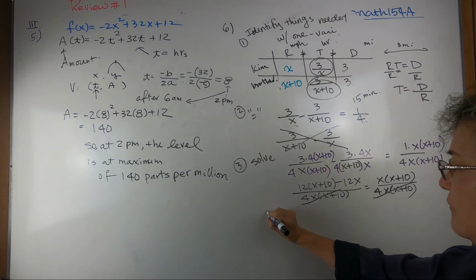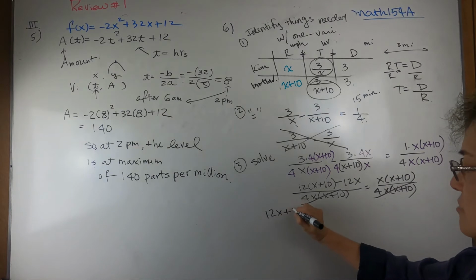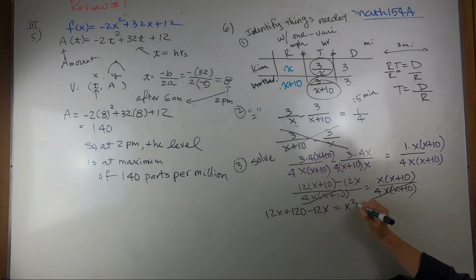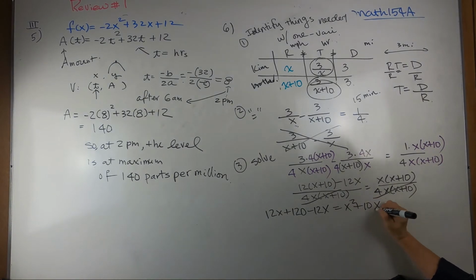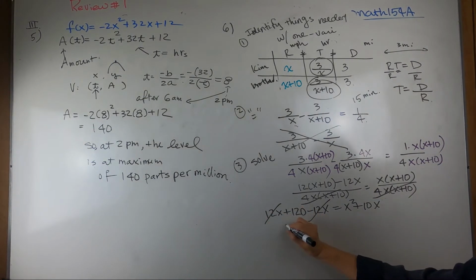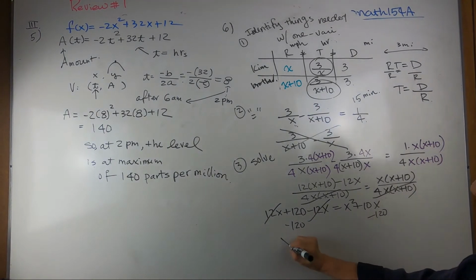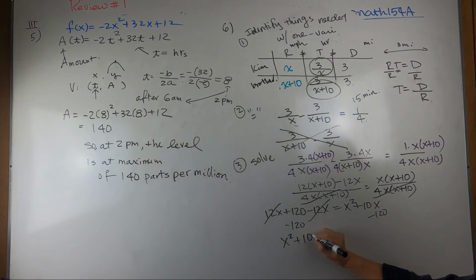So on the top, you have what? 12x plus 120 minus 12x equals x squared plus 10x, right? Those cancel, then we minus 120, right? Just solve your quadratic equation.